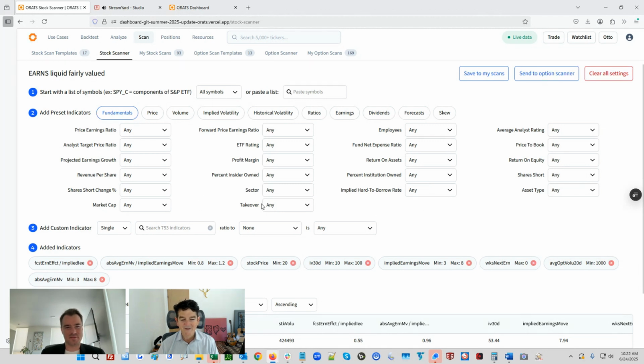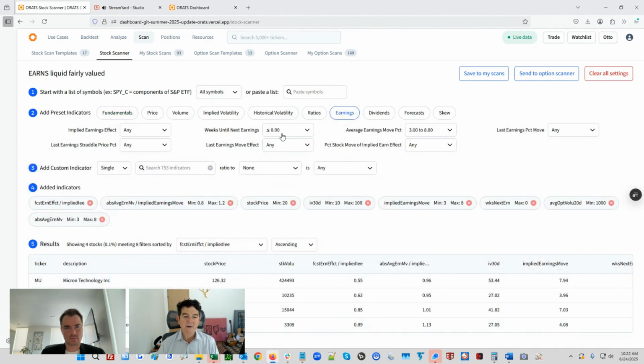There's a lot of different ways. Yeah, a lot of different indicators, a lot of different ways to combine them. Right, and you can do a ratio to the best ETFs too. A typical way to use this is to go to earnings, and weeks until earnings is greater than or equal to 0, and the average move percent isn't crazy.